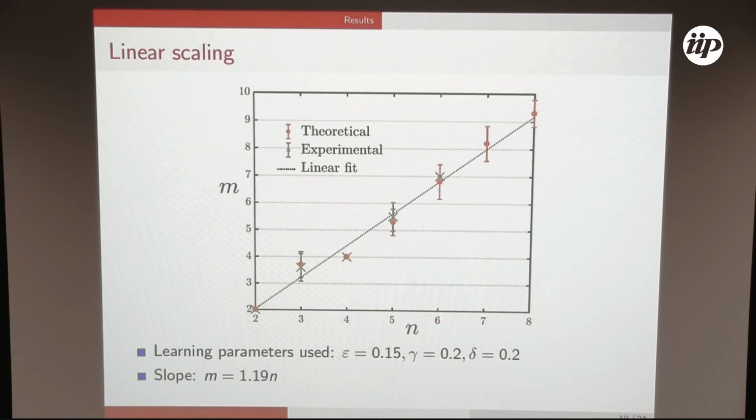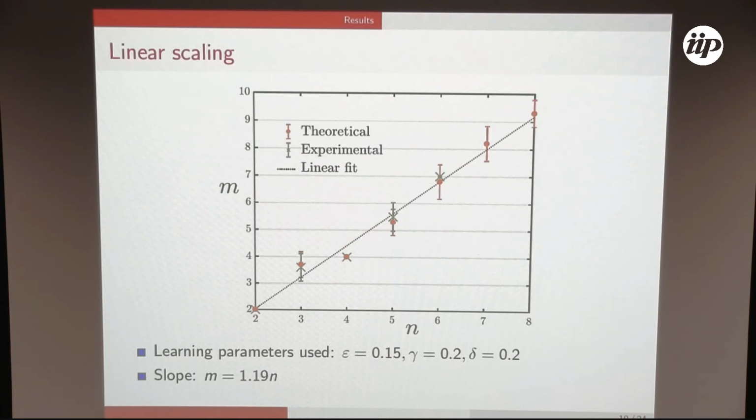For example, for a 6-qubit state, we need only seven measurements with this parameter. So it can be applied in practical scenarios right now.